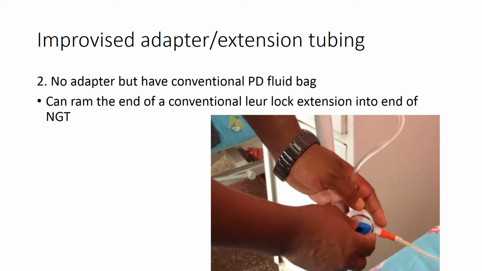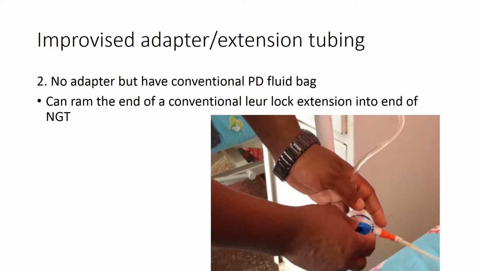If you have a conventional double Luer lock extension, you can add the Luer lock extension using the same method, ram it into the nasogastric tube, and then use the conventional Luer lock to connect to the Fresenius bag, and then proceed with your dialysis. The advantage of adding the conventional double Luer lock extension is that it allows space for the patient to maneuver.